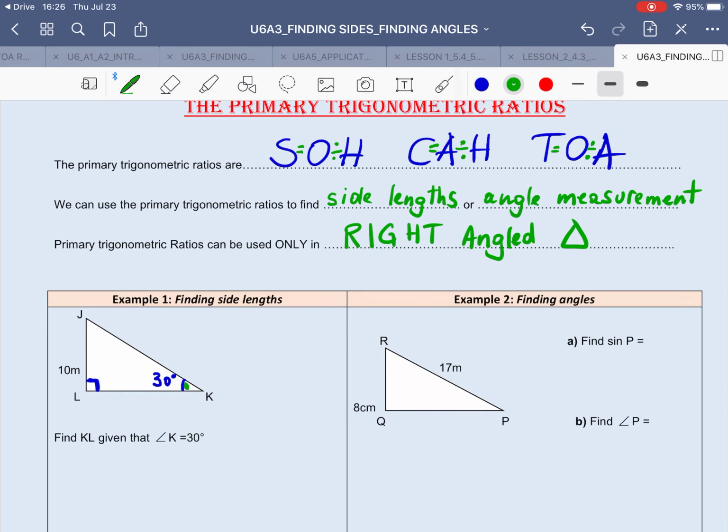Remember that the angle that we're using in here would be the angle K, which means we need to label the sides in relation to angle K. Remember, hypotenuse is always going to be opposite to angle 90 degrees here. And that will never change.